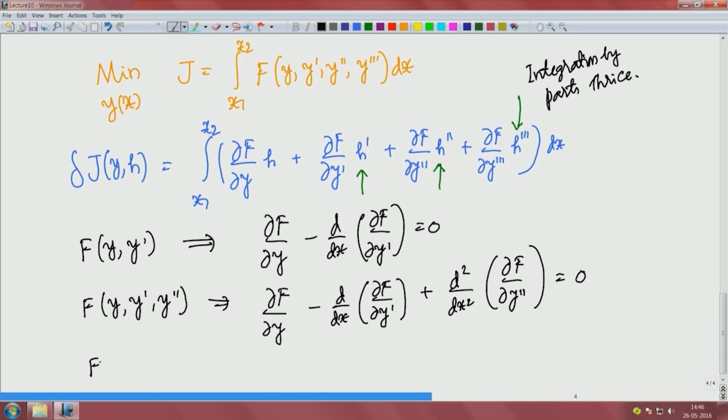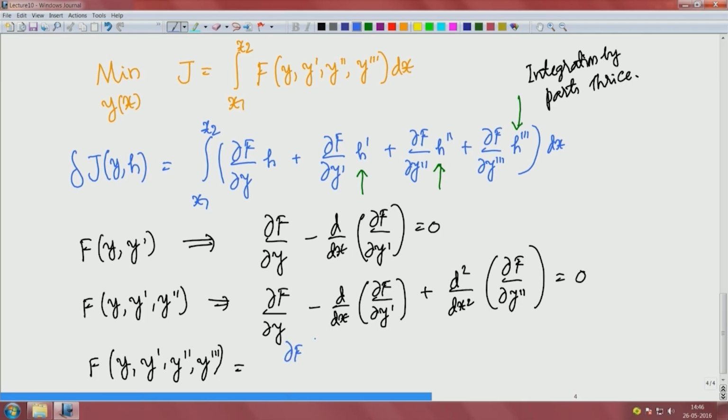So, if we have 3 derivatives, y, y prime, y double prime and y triple prime, then we can see the pattern.